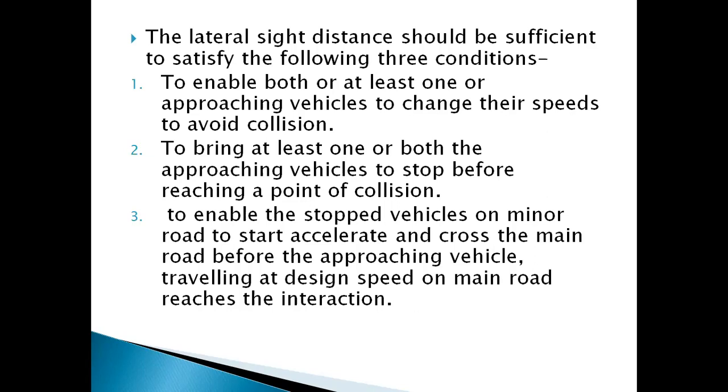Then third is to enable the stopping vehicles on the minor road to start, accelerate and cross the main road before the other vehicle, traveling at design speed on the main road, reaches the intersection.